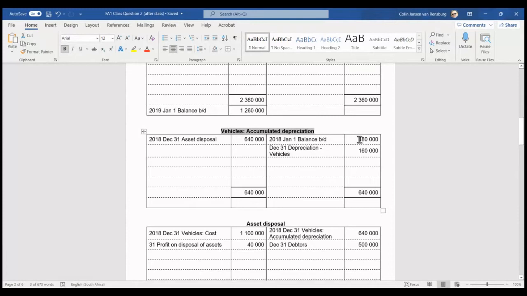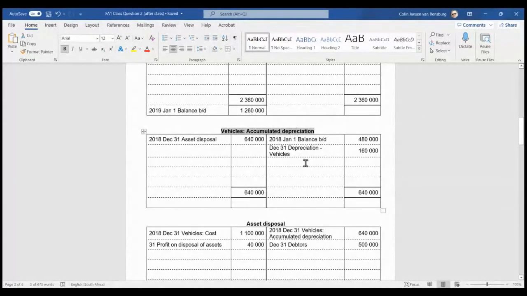It had an opening balance of 480,000. It's a negative asset, so it will be a credit balance. Then when we calculated the depreciation expense for the year on the vehicle, we debited the depreciation vehicles category, and we credited this account again.